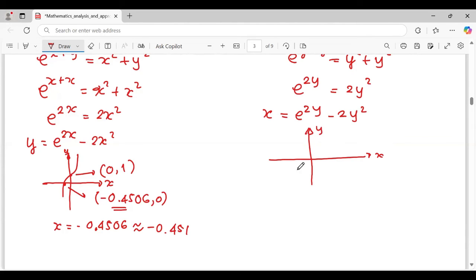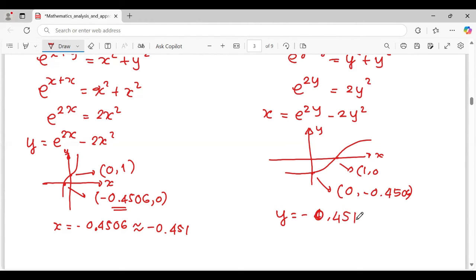This is 1, 0, while the intercept of this graph with the y-axis is 0, minus 0.4506. So y equals minus 0.451.